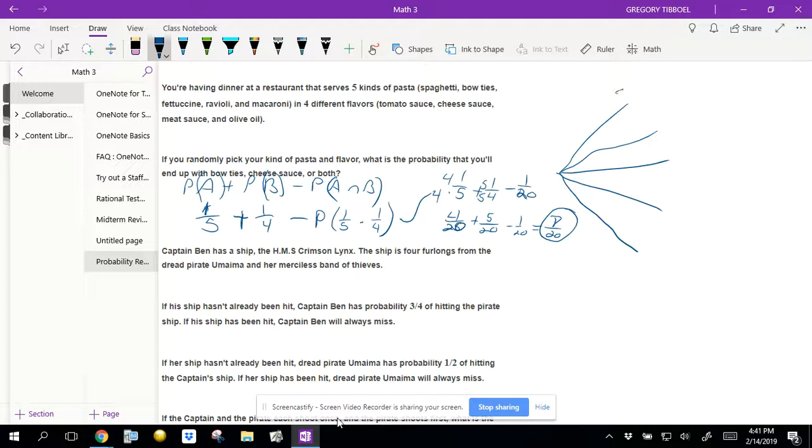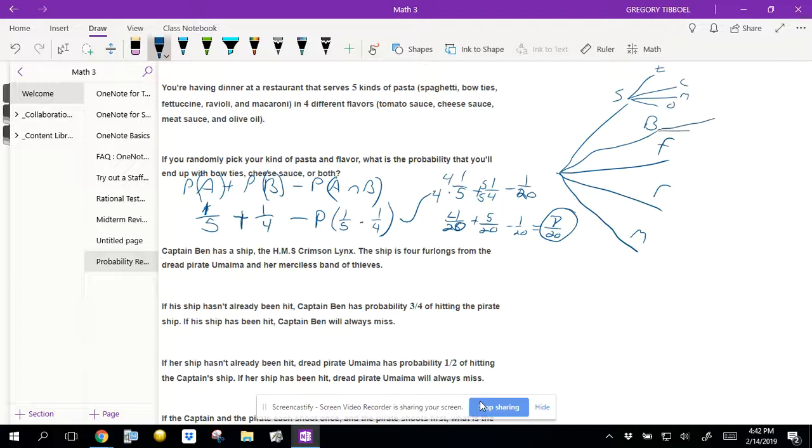And what do we have? We have spaghetti, bow ties, fettuccine, ravioli, and macaroni. And off each one of these, we have another 4 branches. 1, 2, 3, 4. And this is tomato and cheese and meat and olive oil.